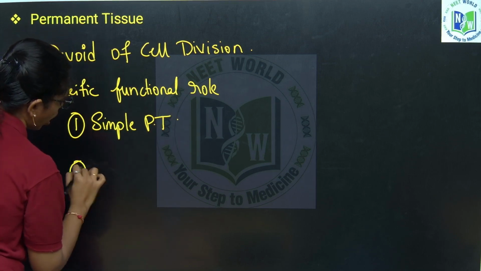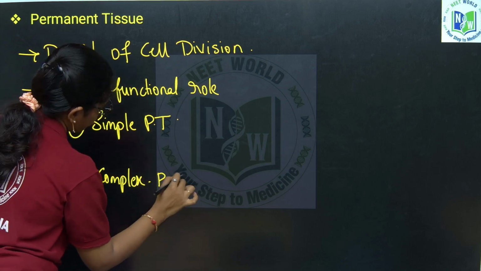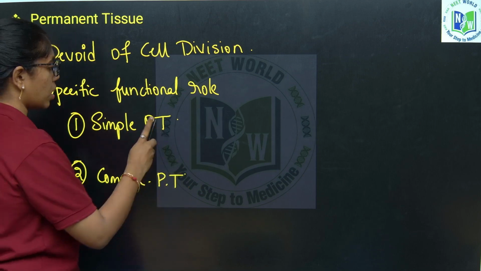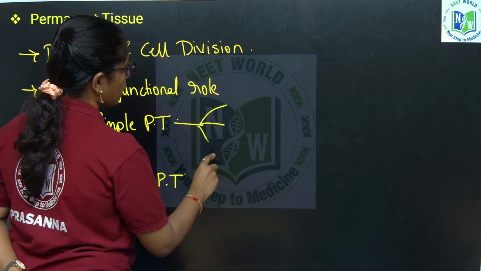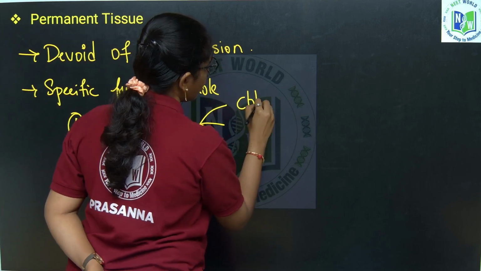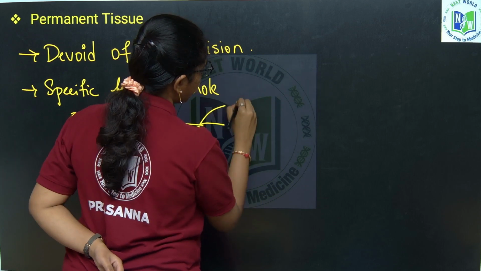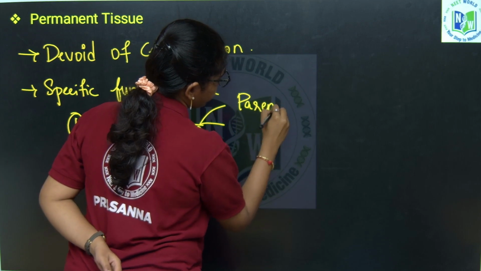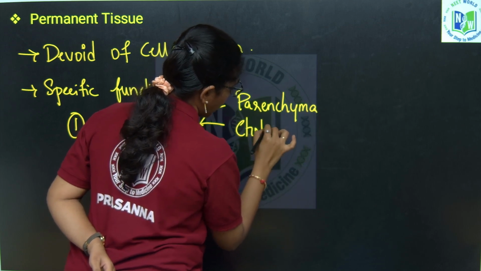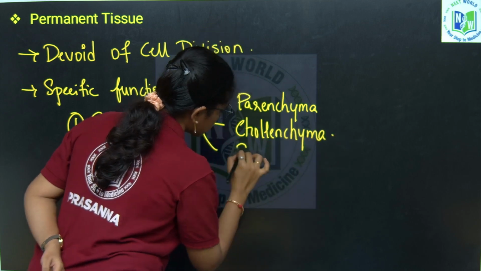Second is complex permanent tissues. Simple permanent tissues have all the cells similar in structure. They are structurally similar. As such, we have three types of simple permanent tissues: parenchyma, collenchyma and sclerenchyma.